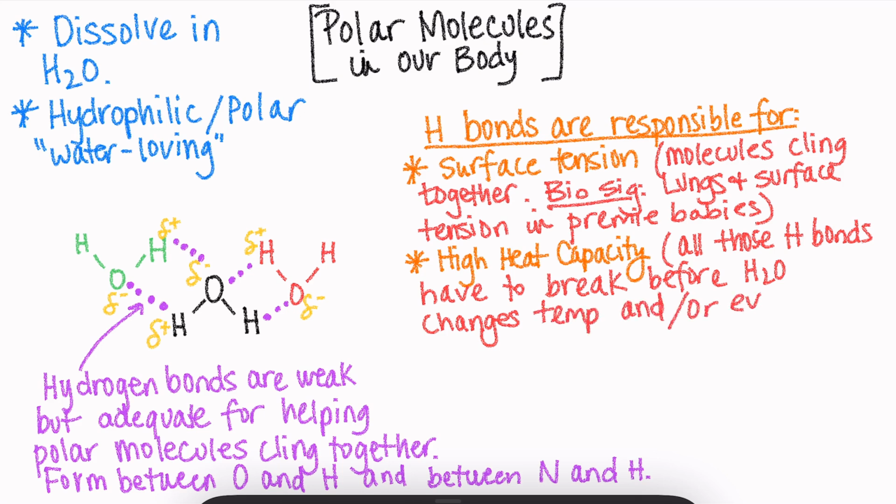So it's going to help keep your body from changing temperature when it's different temperatures outside your body, and it also helps to carry away heat from your body when you're sweating.